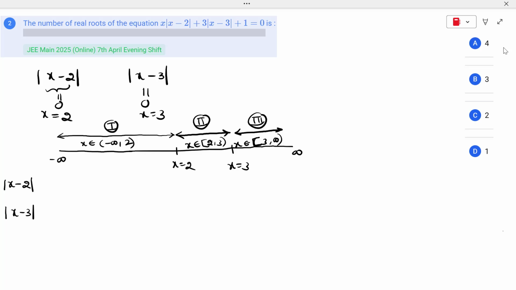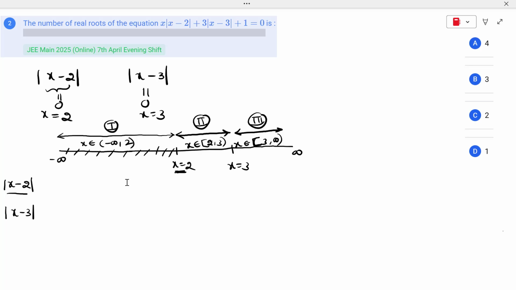It is simple. How to understand a modulus term is, if it is on the left side, you keep it as minus. If it is on the right side, we will keep it as plus. Now the first region is this line-intersecting region. In this region, take mod x minus 2. What is the number related to mod x minus 2? It is x equal to 2.